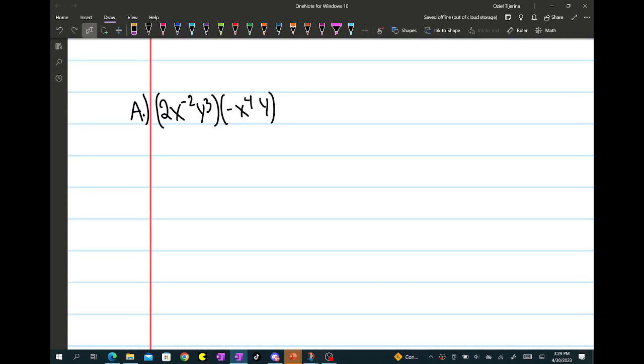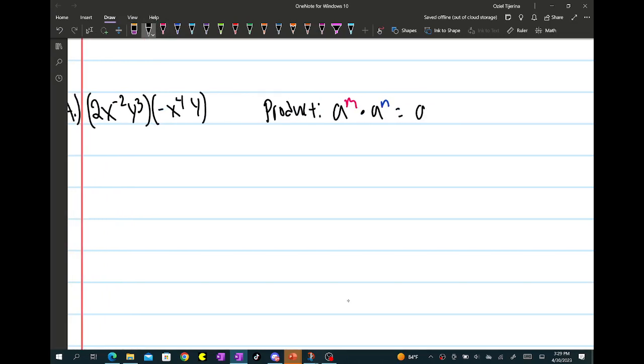If you guys remember from the product property, let me just really quickly define what this is. If I have a to the m times a to the n, this is basically equal to a to the m plus n.